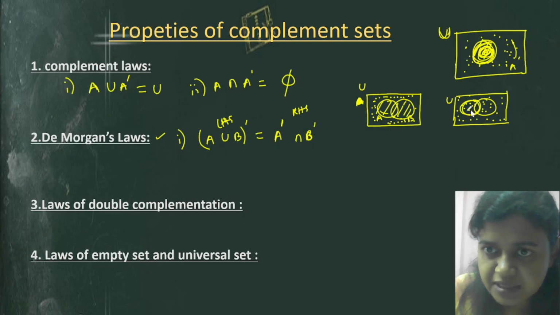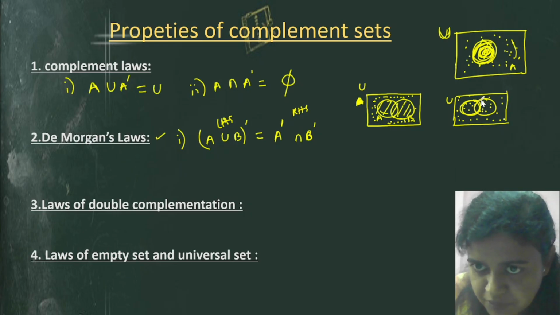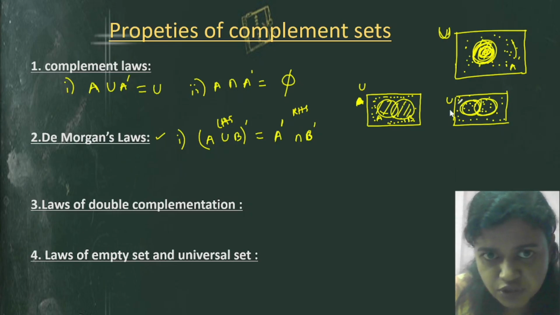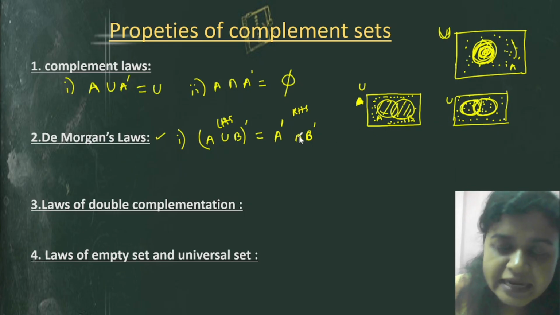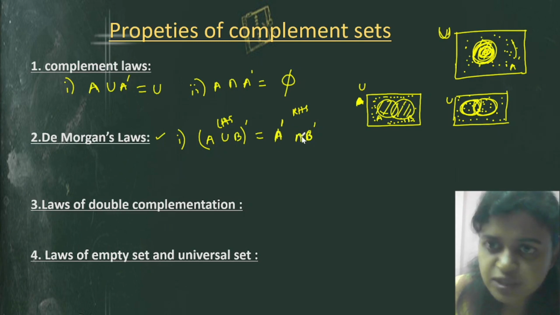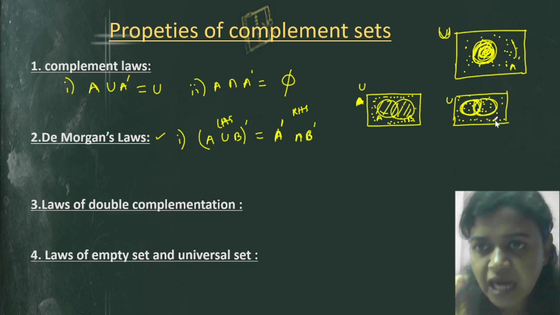A complement means the B portion and the outermost portion, and B complement means the A portion and the outermost portion. Now you have to find the intersection between A complement and B complement. Intersection is the common portion. So what is the common portion? The outermost part.